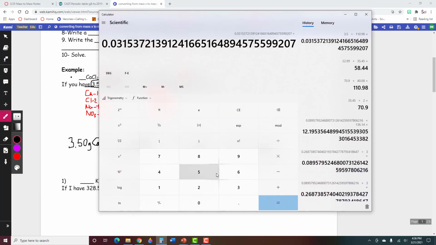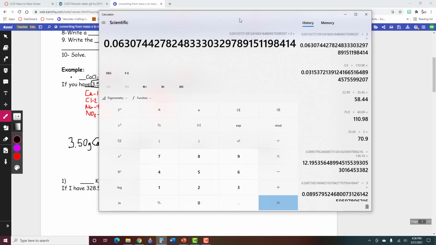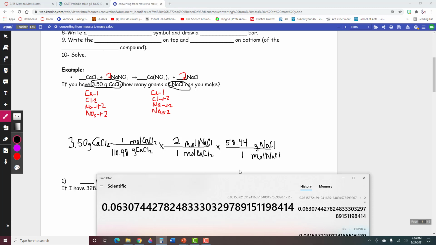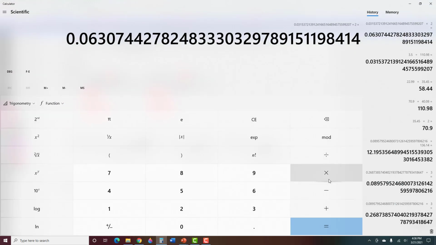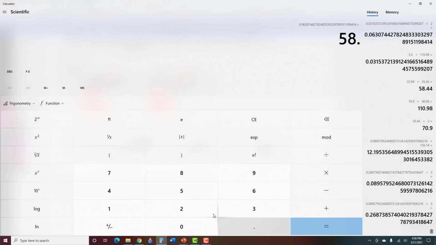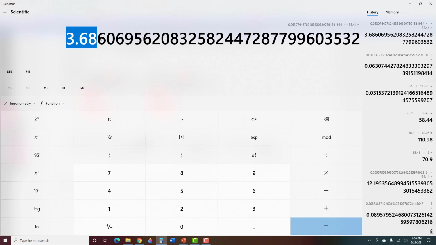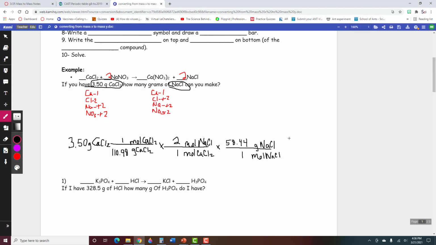So I'm just going to do times 2 because dividing by 1 gives me the same number. And then I multiply by 58.44. So, long little answer, always round to just 2 numbers after the decimal. After the 8 though, there is a 6, so this 6 is going to round that 8 up to a 9. So 3.69 should be your answer here. And I'm going to actually just write it up here in this space.